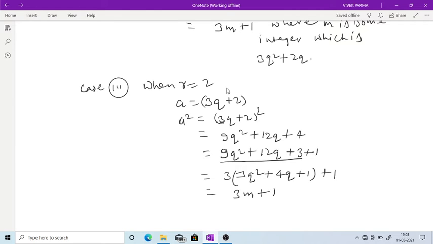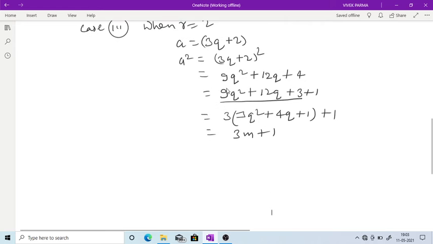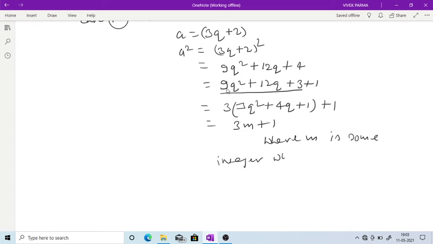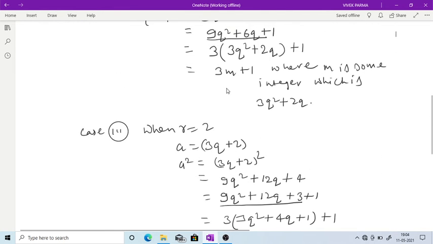So we have seen that in each case we have 3m or 3m plus 1, where m is some integer, which is 3q square plus 4q plus 1. So see here how I proved this.